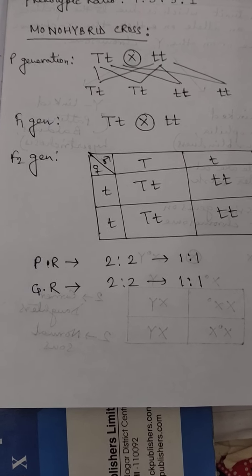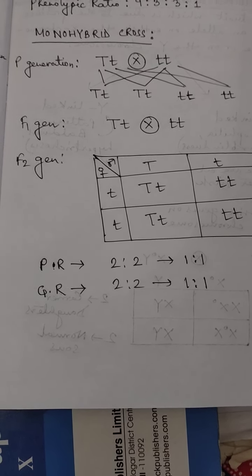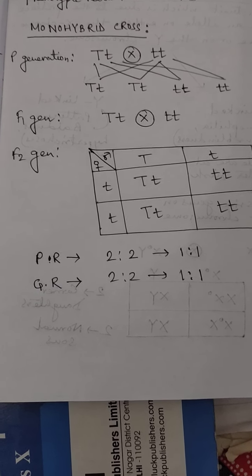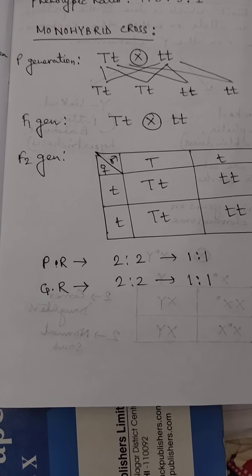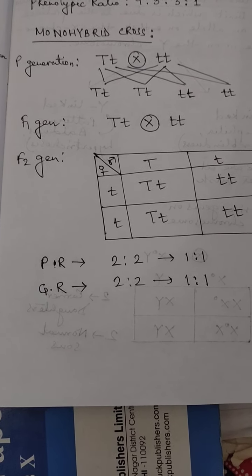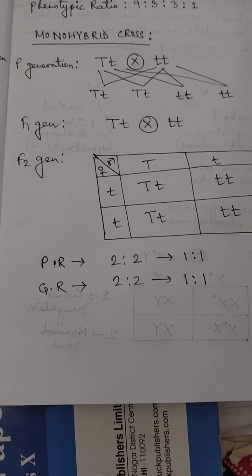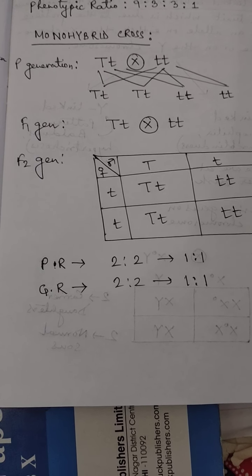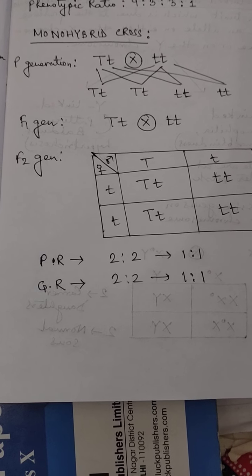That means I have crossed a homozygous dominant pea plant with a homozygous recessive dwarf pea plant. Now today I have taken one heterozygous dominant tall pea plant and I am crossing it with a homozygous recessive dwarf pea plant, and I am getting 2 Tt and 2 tt after crossing with each other.